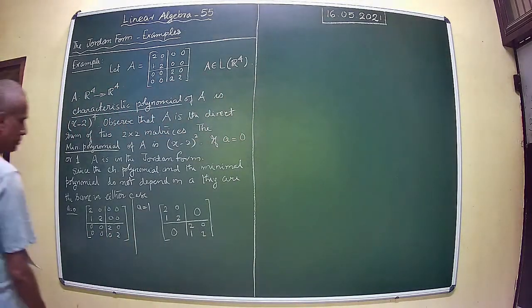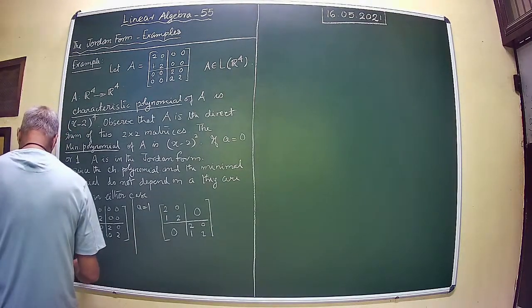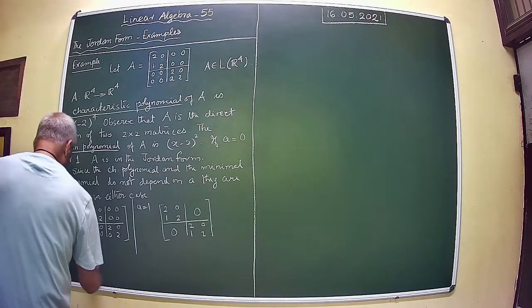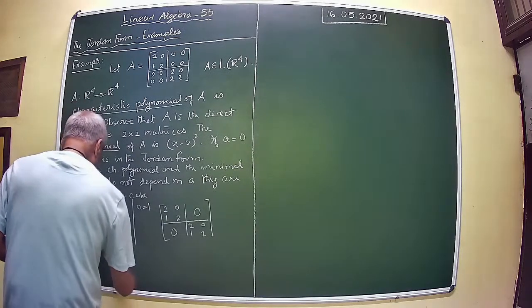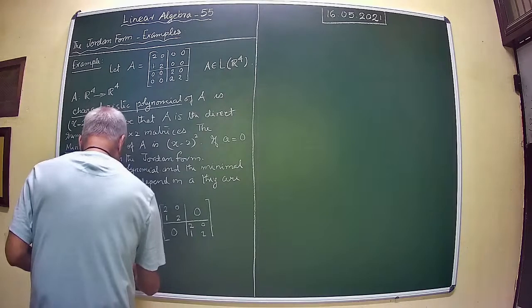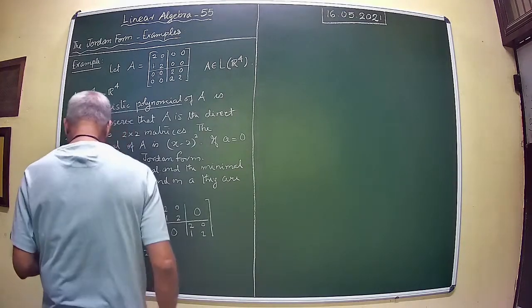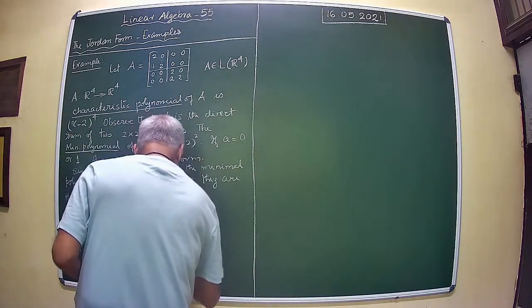But all that you observe is that when A equal to 0, the null space of A minus 2I is 3-dimensional.